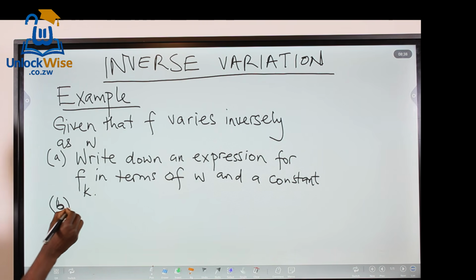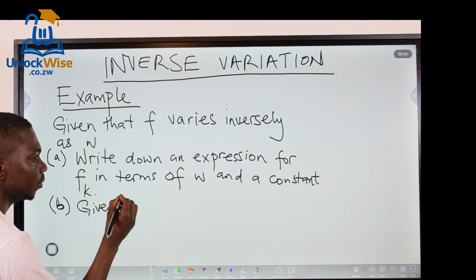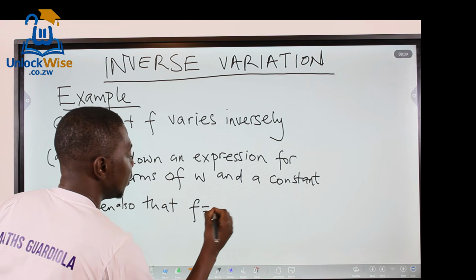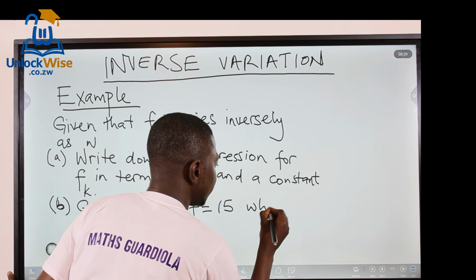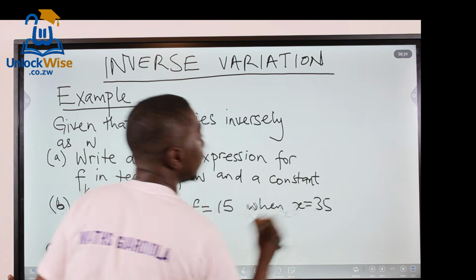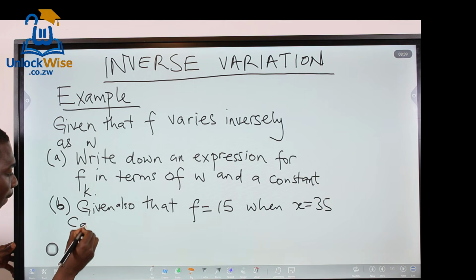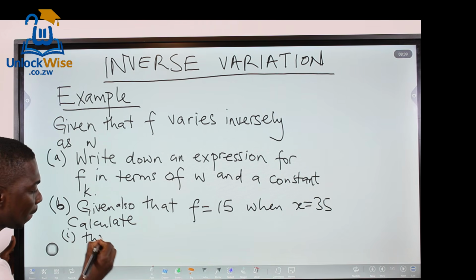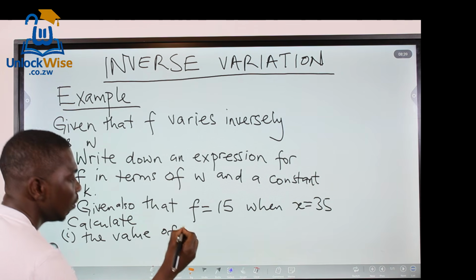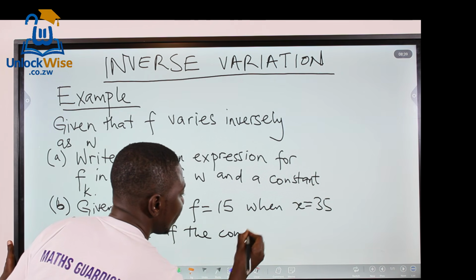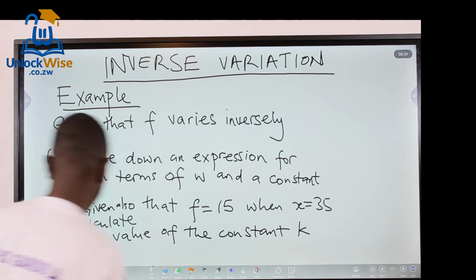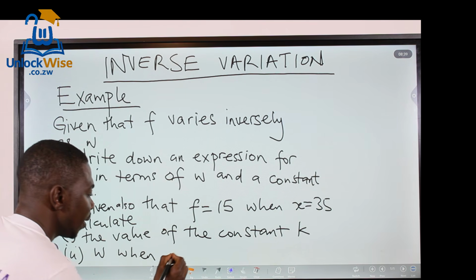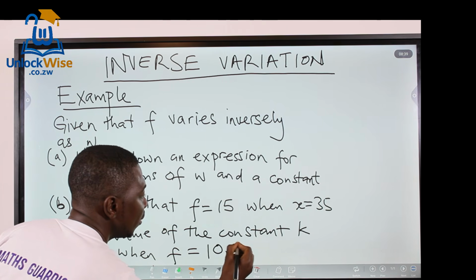And the part B follow-up question: given also that f is equal to 15 when w is equal to 35, calculate the value of the constant k, and you are also required to calculate w when f is equal to 10.5.